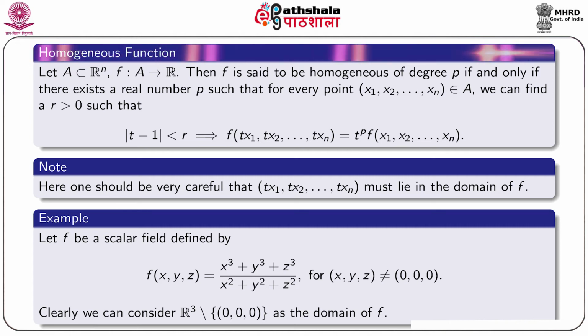Let A be a subset of R^n, and f a scalar field defined on the set A. f is said to be homogeneous of degree p if and only if there exists a real number p such that for every point (x1, x2, ..., xn) in A, we can find a positive R such that whenever modulus of t minus 1 is less than R, f(tx1, tx2, up to txn) equals t to the power p times f(x1, x2, ..., xn).